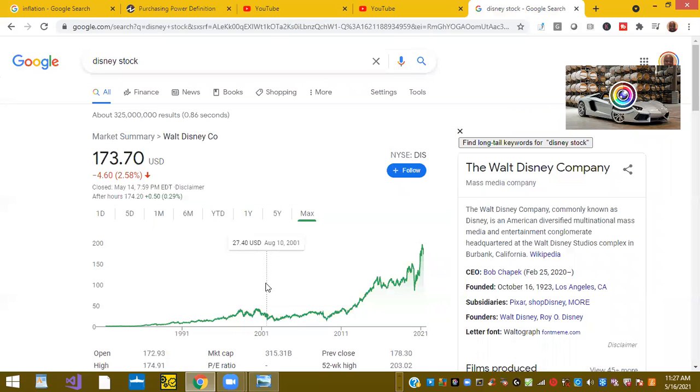So if you go back to 2000, the price of Walt Disney stock was only $38. And if you look at this $38 versus the current price of Disney stock in 2020, it's just about 5 times as much worth value at $173 per share.